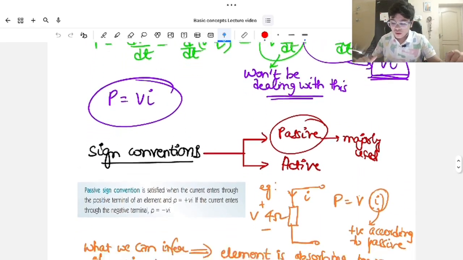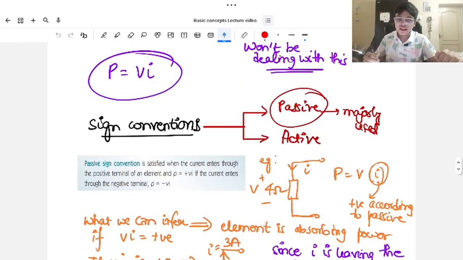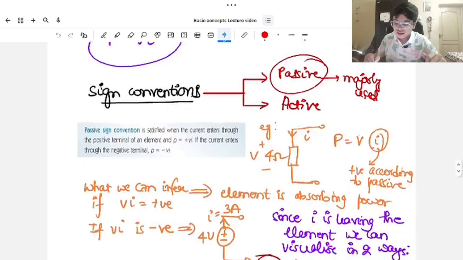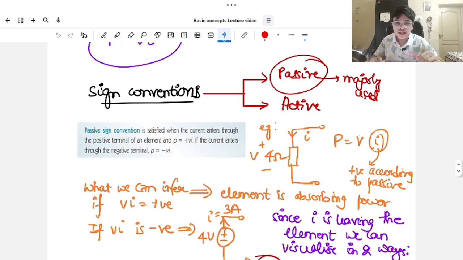Now let's come to another concept that may or may not be new to you, but to me it was the passive sign convention and active sign convention. Like the name suggests, these are two sign conventions. Passive sign convention is majorly used.